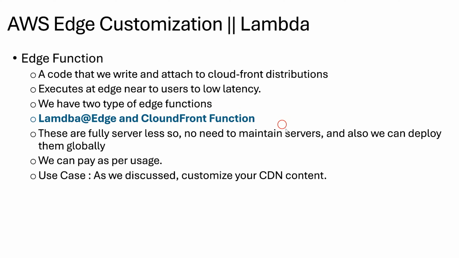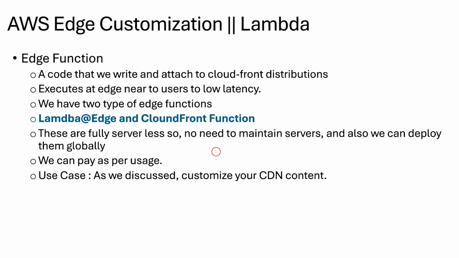We will discuss the differences later, but just remember you have two types of edge functions. These two types of edge functions are fully serverless, so there is no need to maintain servers, and we can also deploy them globally because they are needed globally, since your content is delivered globally.